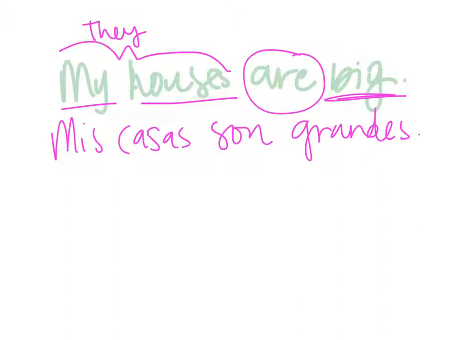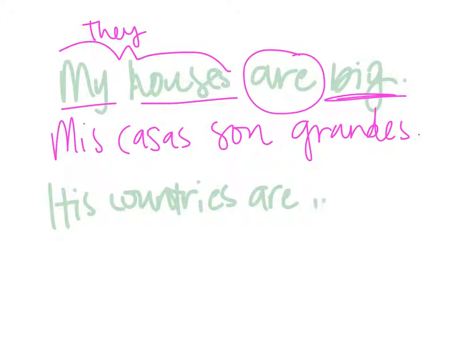All right. Now, what about his? This also is a weird sentence, but whatever. I didn't plan it well. His countries are interesting. As you can tell, my pen is still being weird. Okay.